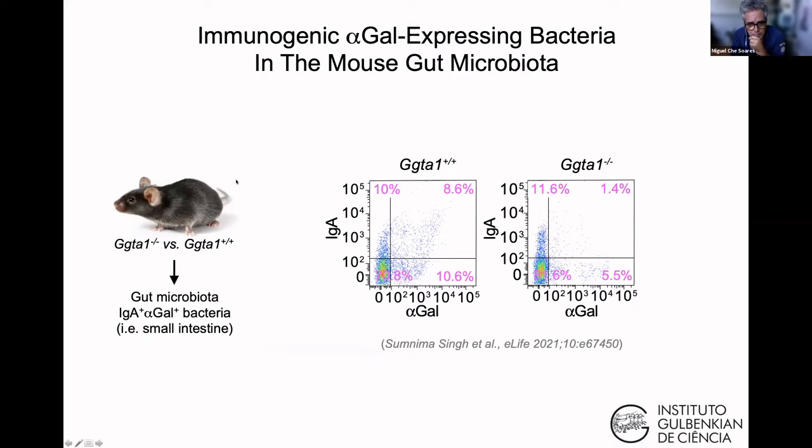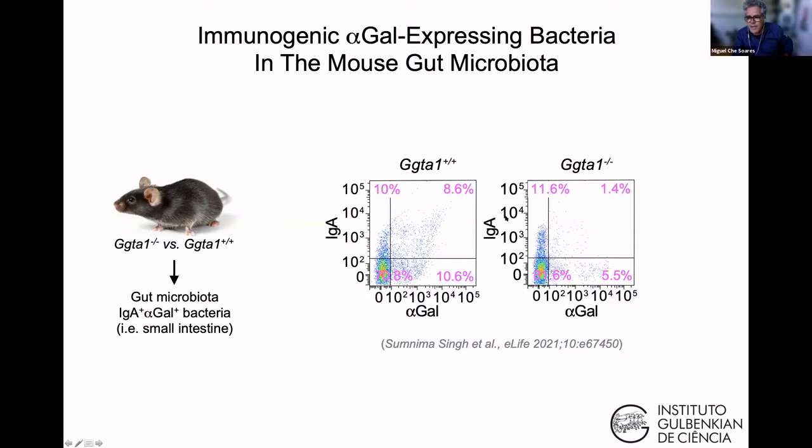And in these experiments, what we saw, which were performed by Jess Thompson, is that a mouse that expresses alpha-gal has about 8.6% of the microbiota in the small intestine that is actually IgA positive and expresses alpha-gal.